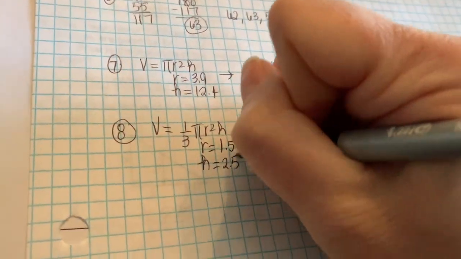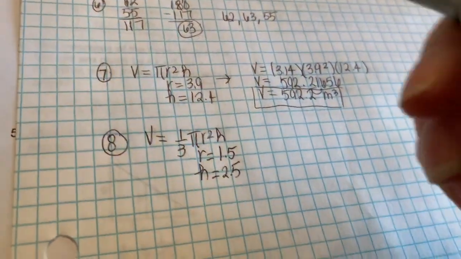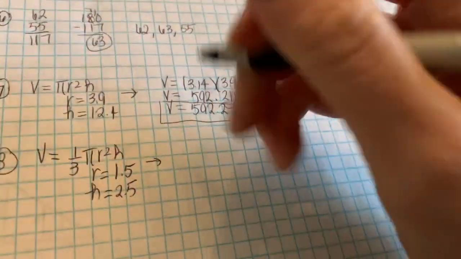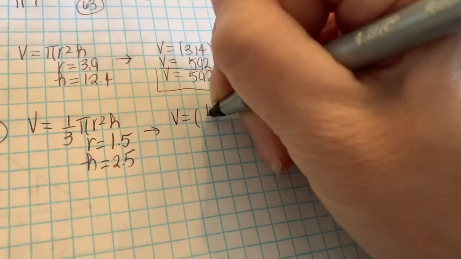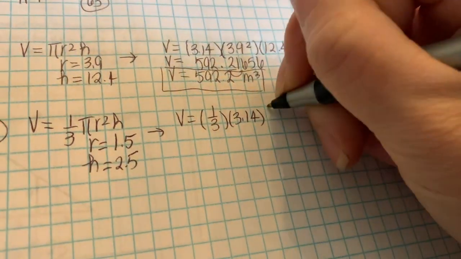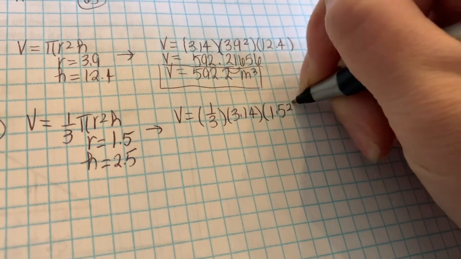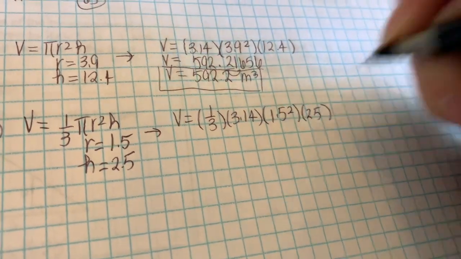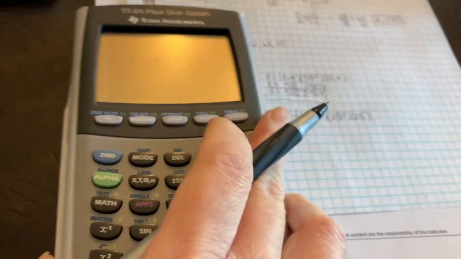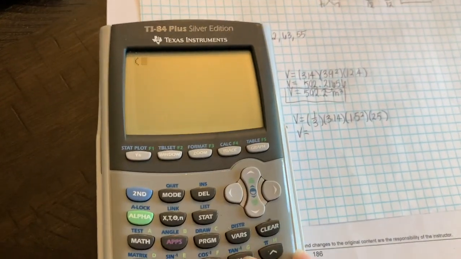So we're going to plug everything in. The volume, I'm going to move over here because I'm just running out of space. So the volume is equal to, in parentheses, 1/3 times 3.14 times 1.5 squared times 2.5. And we're going to put it all in the calculator all at once. Okay, parentheses.